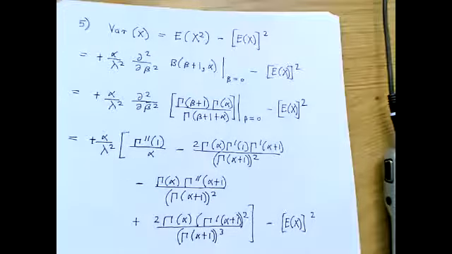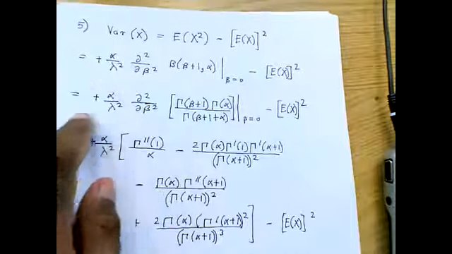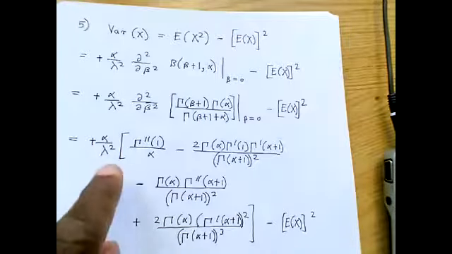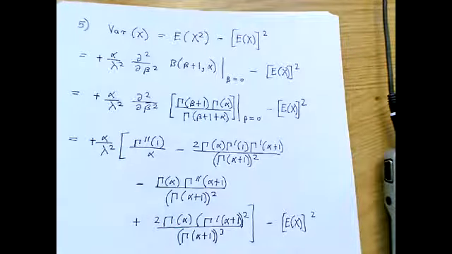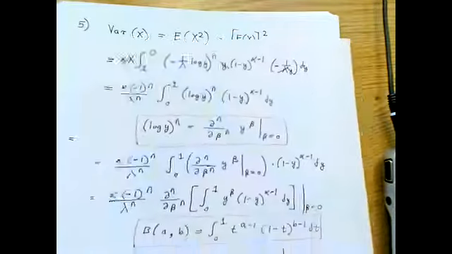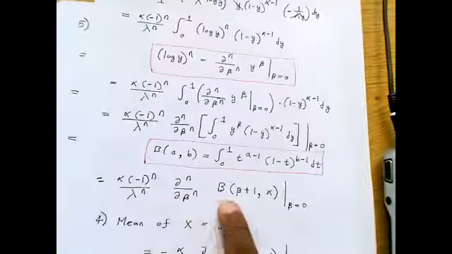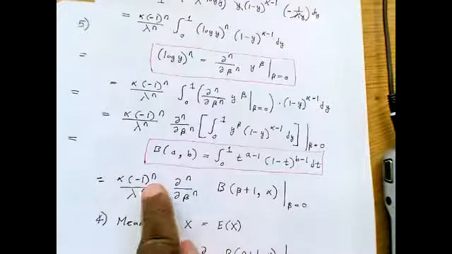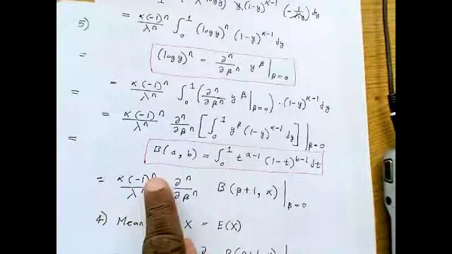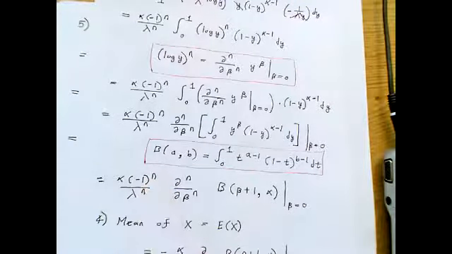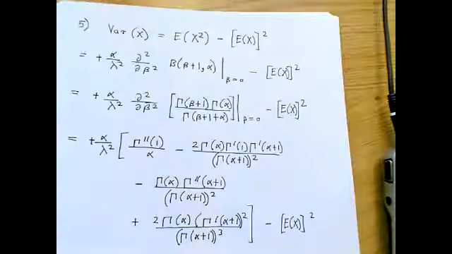So I think there should be a plus here throughout. So plus, plus, plus. Remember, this is the formula for the nth moment, so if you put n equal to 2, minus 1 power 2 is a positive number.